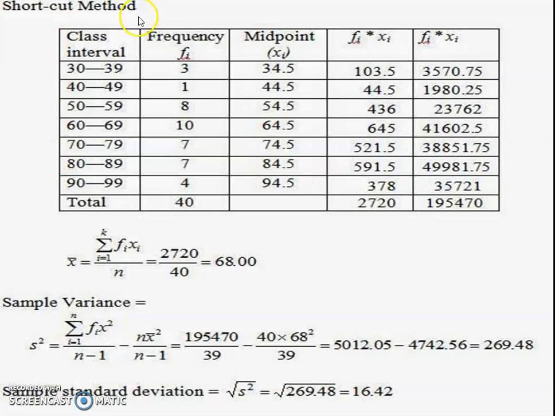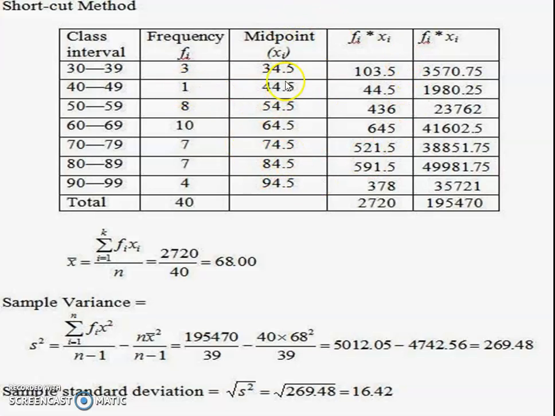Okay, now let us check the shortcut method. The frequency table is given here, and it is our class interval. Midpoints: 34.5, 44.5, 54.5, 64.5, 74.5, 84.5, 94.5.